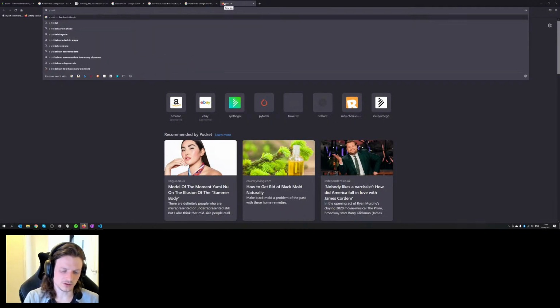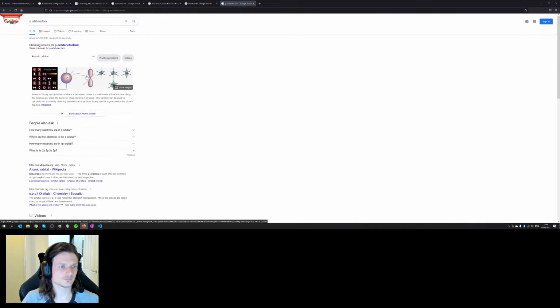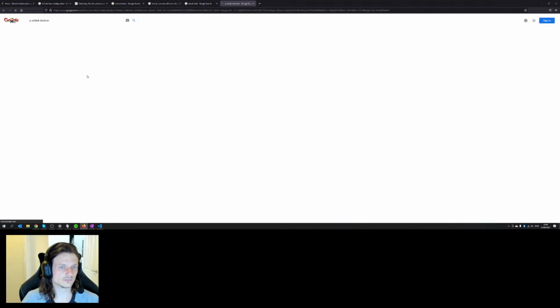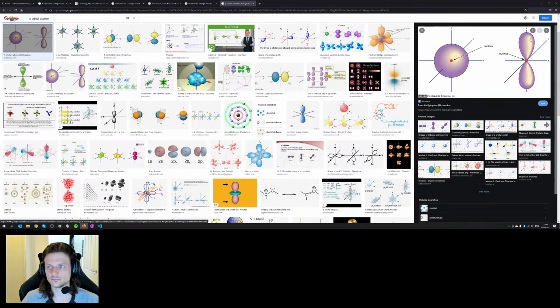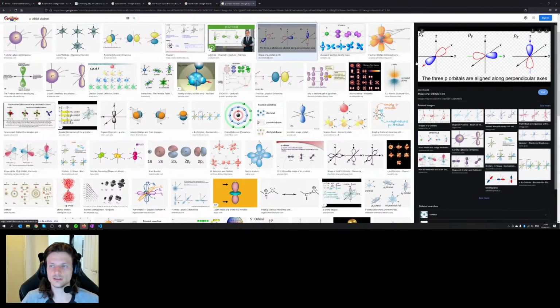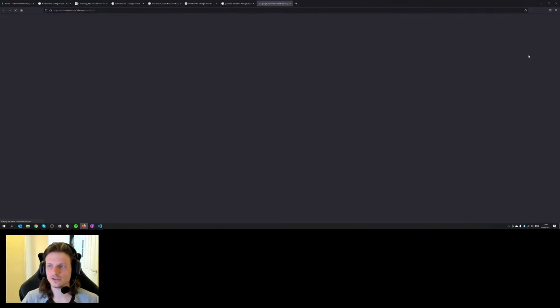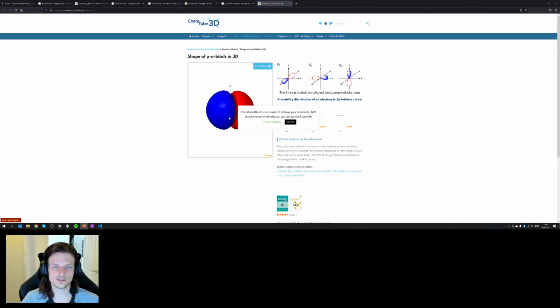Okay, p orbital. Electron. Interesting. Look at that. They're doing this kind of... No, because they're not... Oh, wow. Oh, that is amazing.